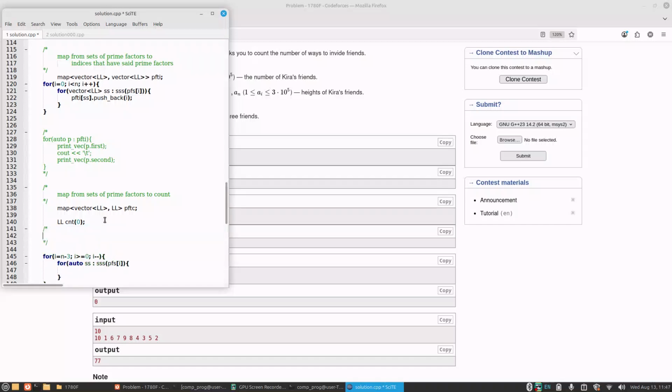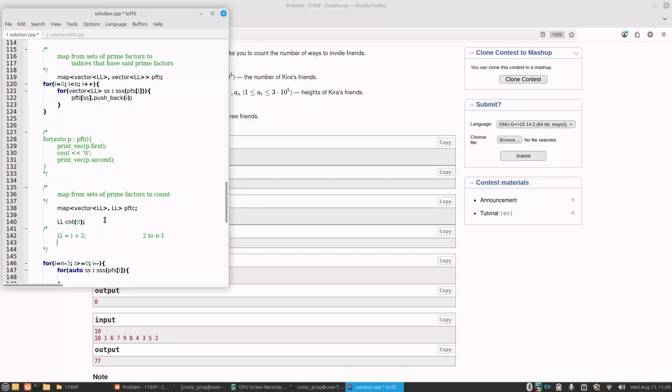Find some variance of I, so backwards I equals, let's just say I2 equals n minus, equals I plus 2, so it goes from 2 to n minus 1.